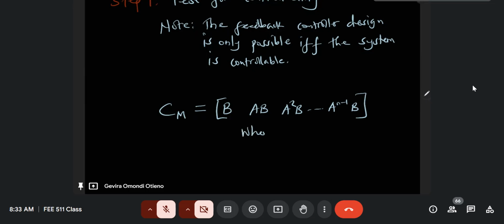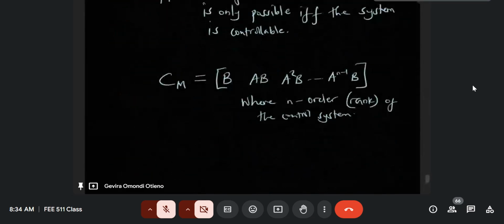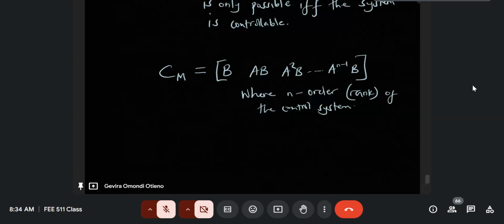Remember, we said n is the order. Other books call it the rank of the control system. In our case, you can see the matrix A is a 2 by 2 matrix. Therefore, our control system is of order 2. So for a 2 by 2 matrix, referring to the matrix A, we have n equal to 2.